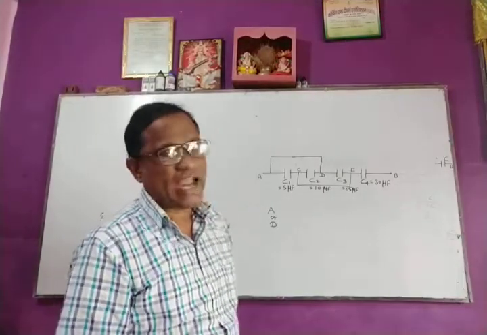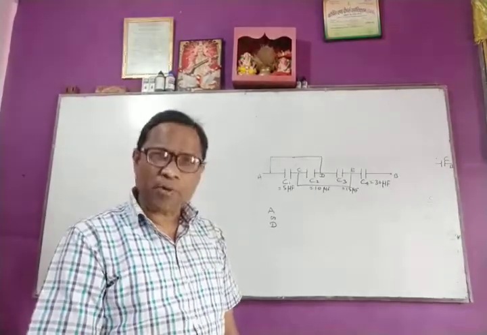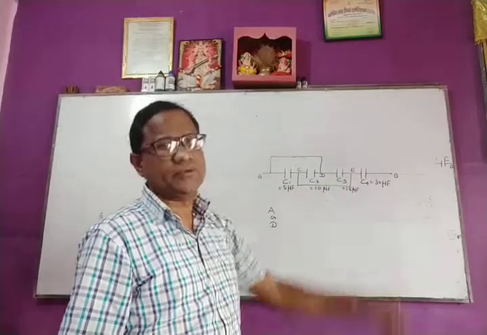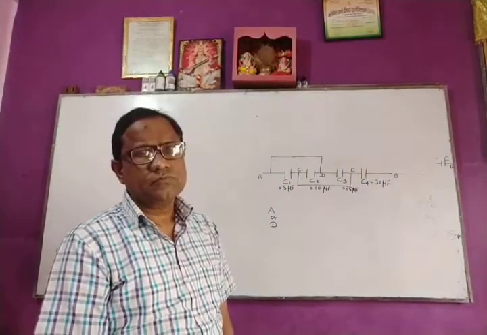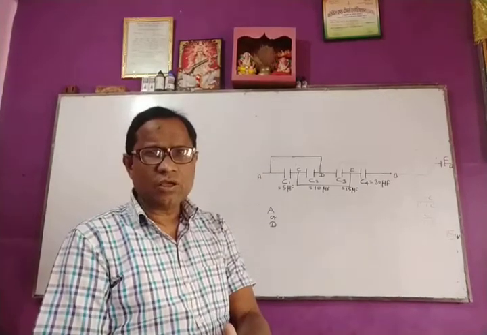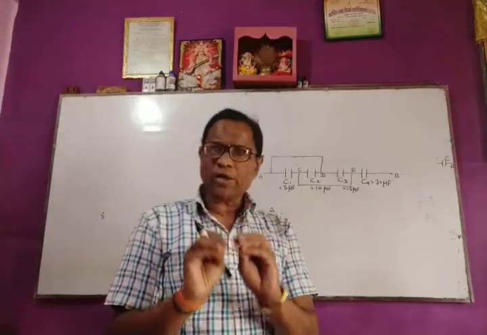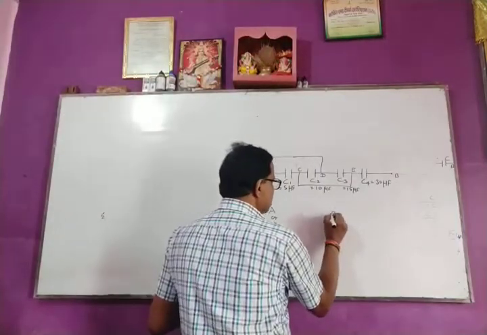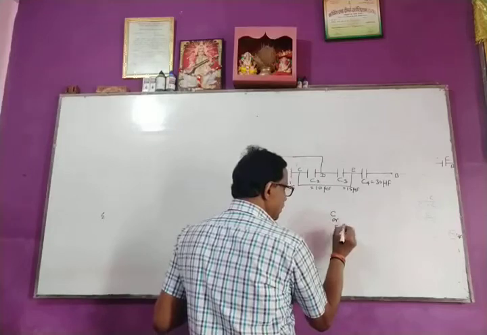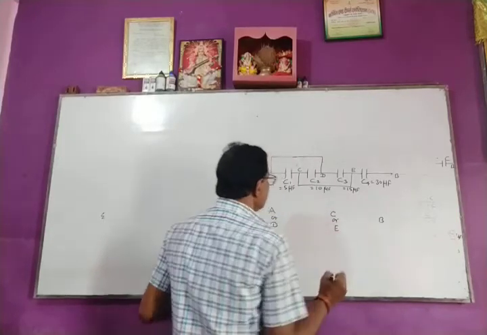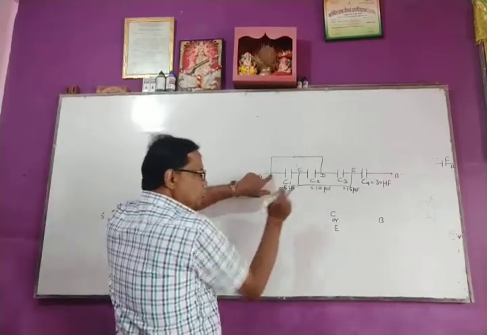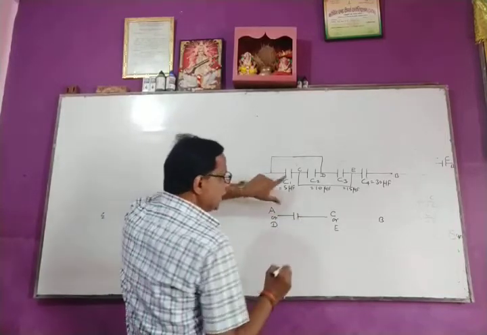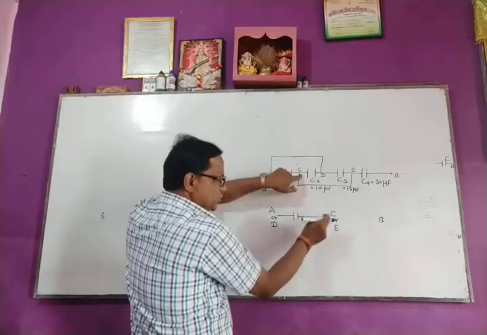So C and E are at the same potential, so no charge will flow across CE. So C and E are also the same point, C or E. So from A to C, another C to D.